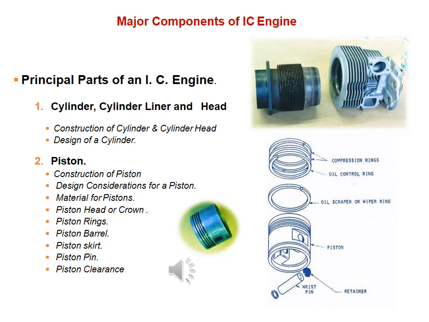Fins are mounted over the cylinder so that the area of the cylinder increases and it gets cooled easily and fast. The other type is the multi-cylinder engine, which is usually mounted in cars and heavy vehicles, and the cooling is provided by water jackets. So these are the types of cylinders.